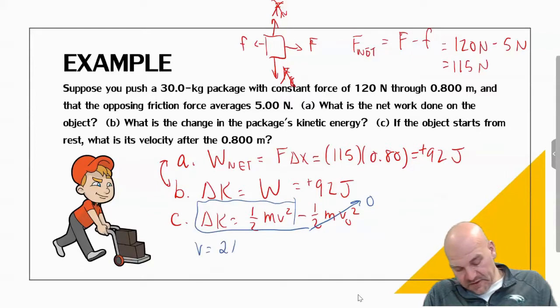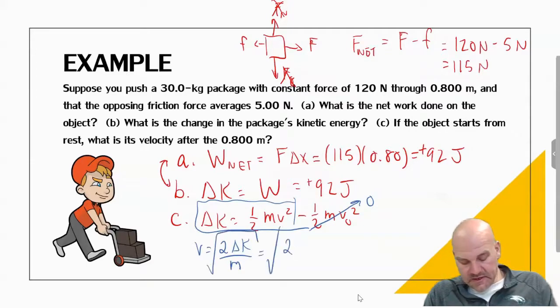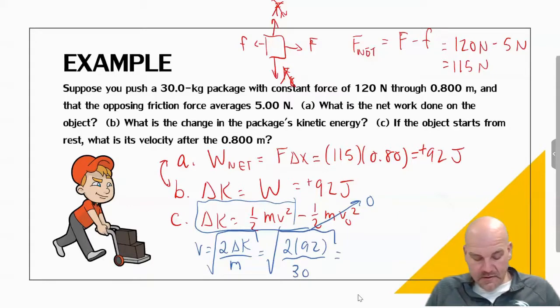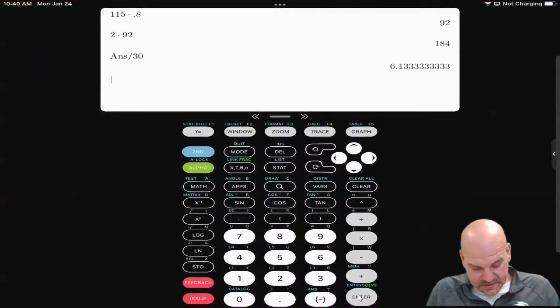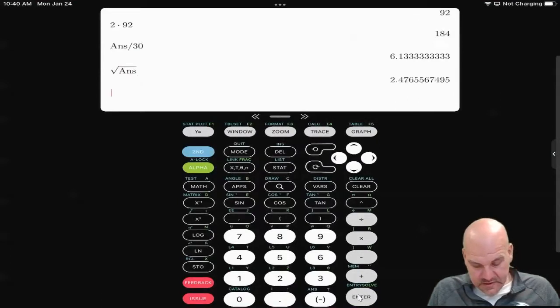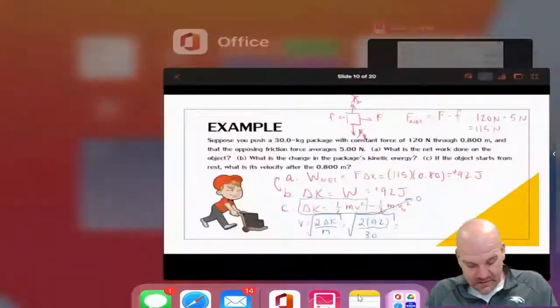So v is going to be the square root of 2 delta K over m. So I'm going to do 2 times 92 divided by the mass, which is 30, and then take the square root of that, and it's going to be 2.48.